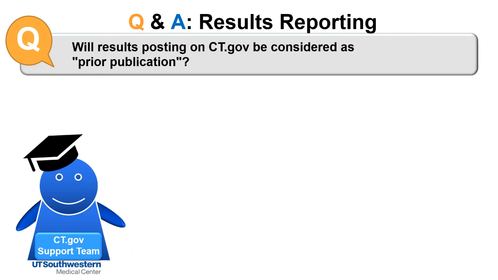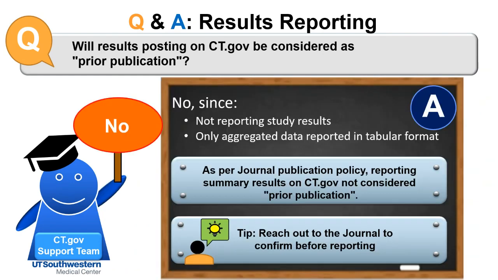Now, another related question is, will posting clinical trial results on ct.gov be considered as prior publication? The answer is no. Since you are not reporting the study results, only the aggregated data is reported in tabular format.